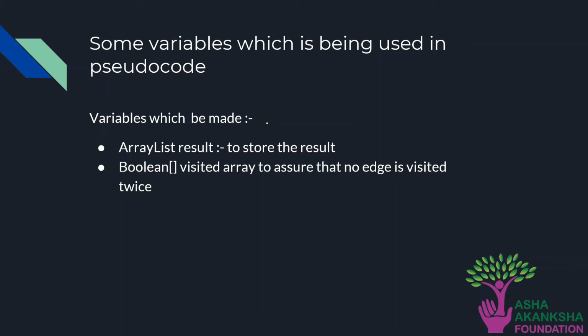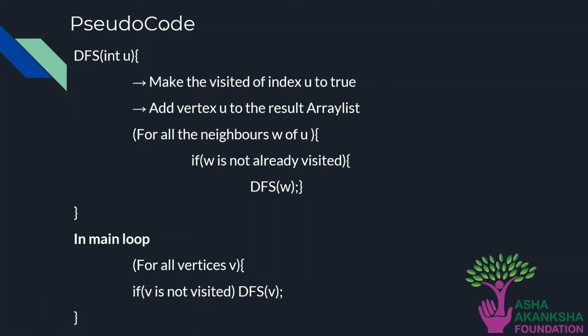Before moving on to the pseudocode, we will be declaring two variables, the result and the visited array. All its working has been explained in the previous slide. So let's look at how the pseudocode works. In the main loop, we will be running for all the vertices, and DFS will only be called if the vertex Vn is not visited, so that the property that no vertex is visited twice is maintained.